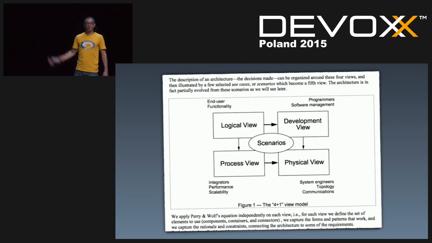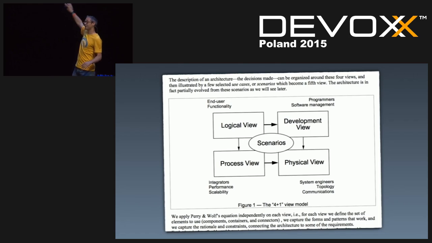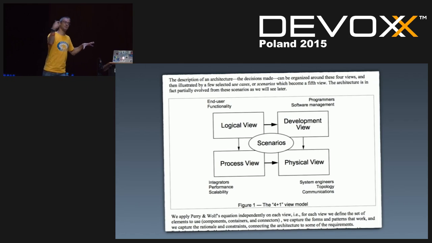Top left, a logical view. So we somehow create a representation of our software based around logical modules or components or services. We have a development view, which is much more about the code and the structure and the organization of the code. We then have a process view, which is really multi-threading and concurrency and all those sorts of things.